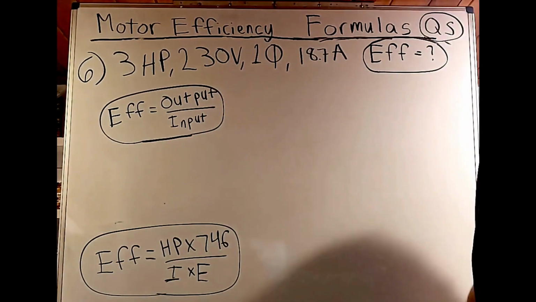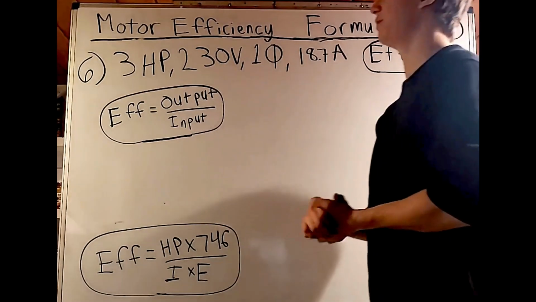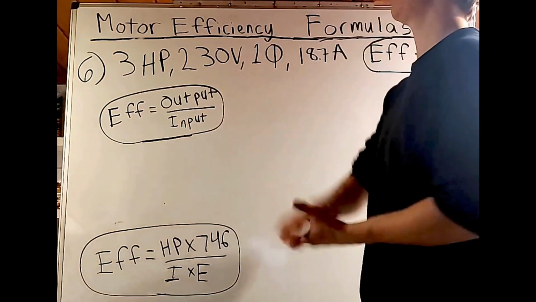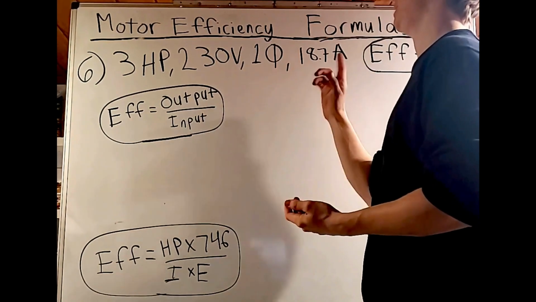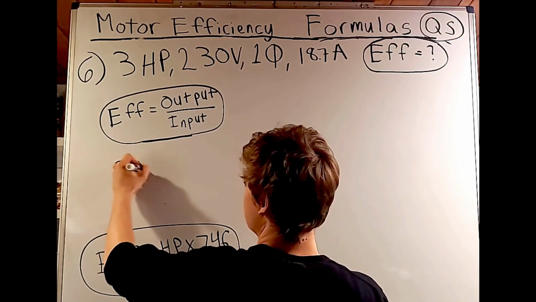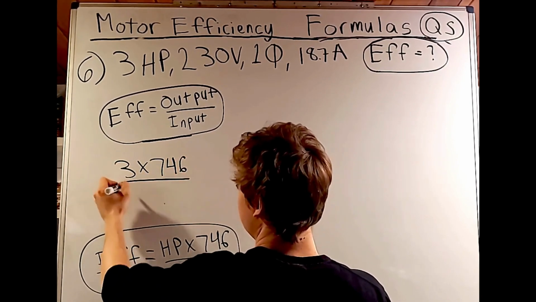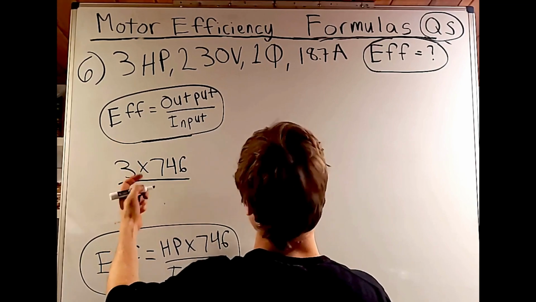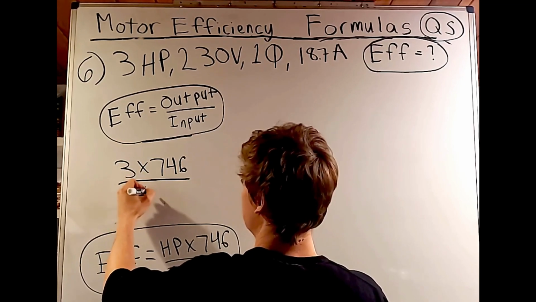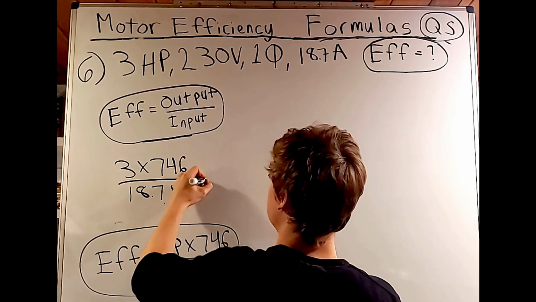Now, very similar to the last one, I'm going to keep the formulas there. We're going to find the efficiency of a motor, 3 horsepower, 230 volt, single phase, with 18.7 amps that it is drawing. Plug everything in. We have our 3 times the 746 over the current times volts, so 18.7 amps times the 230 volts.